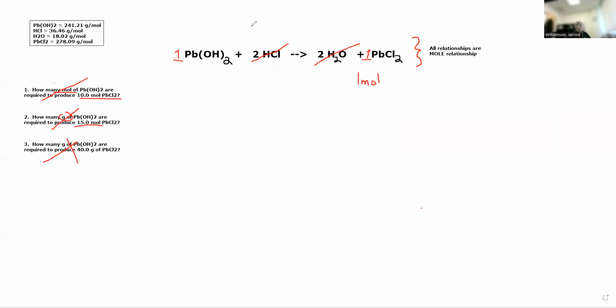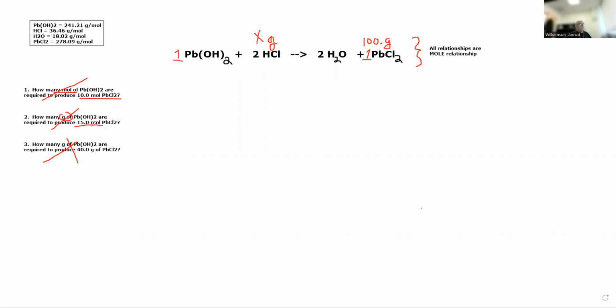Let's say we said, how many grams of hydrochloric acid are needed to produce, let's say, 100 grams of lead chloride. Let's say I wanted to do that.